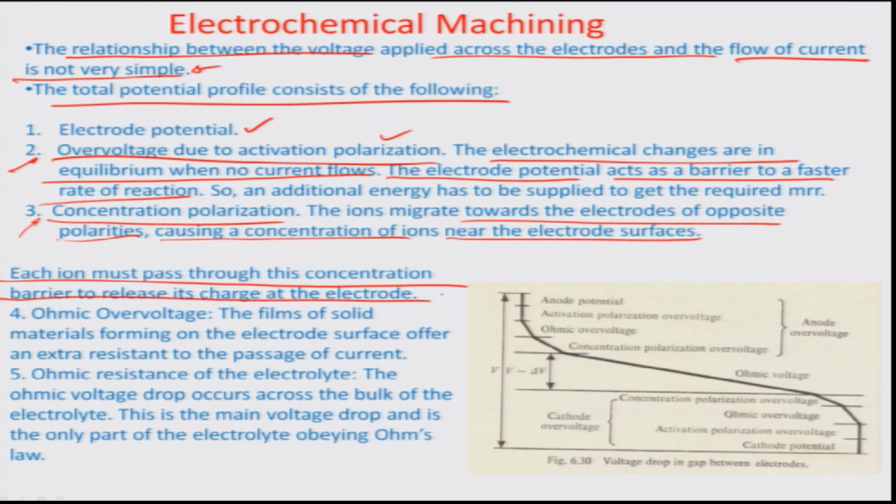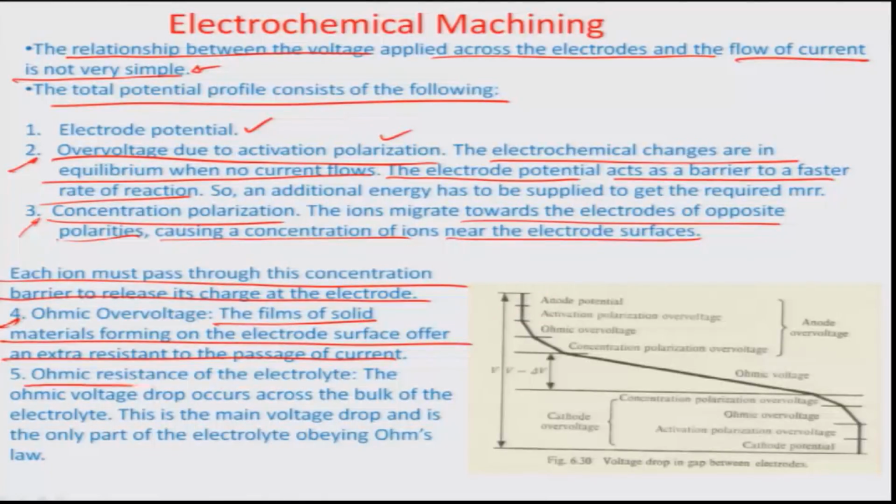And then obviously there is an ohmic over voltage, which is because films of solid materials may form on the electrode surface, which offers an extra resistance to the passage of the current. And then finally there is an ohmic resistance of the solution itself from all these different barriers being crossed over, and the change of potential from the anode to the cathode.